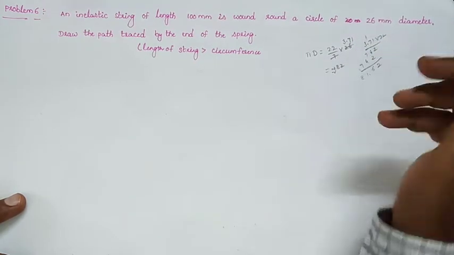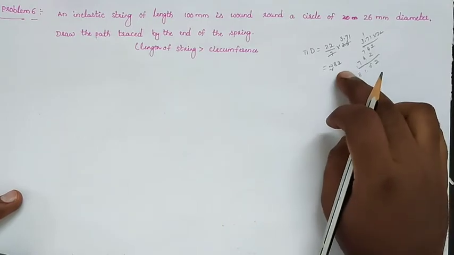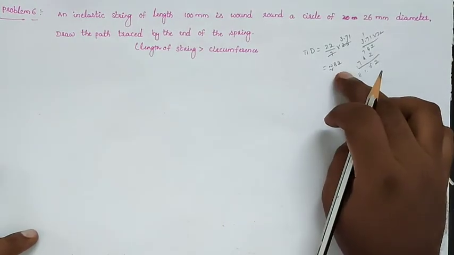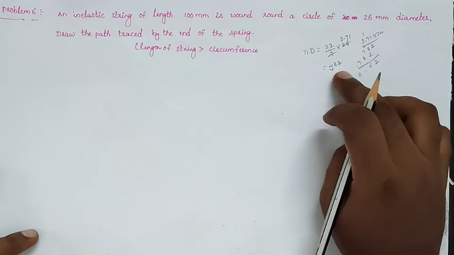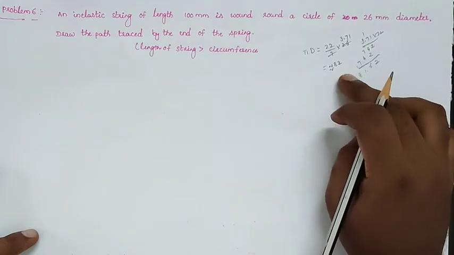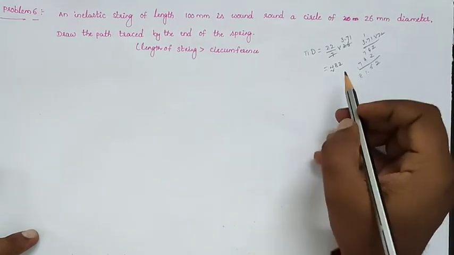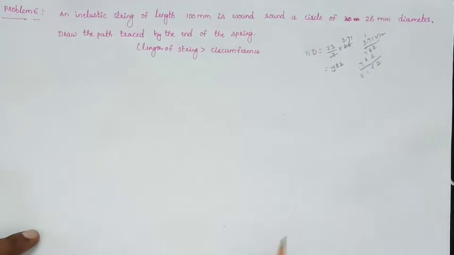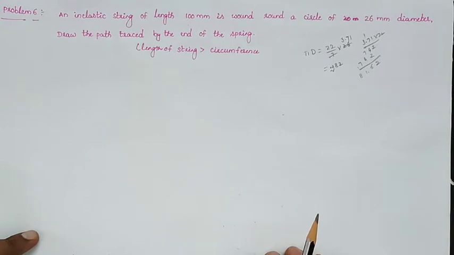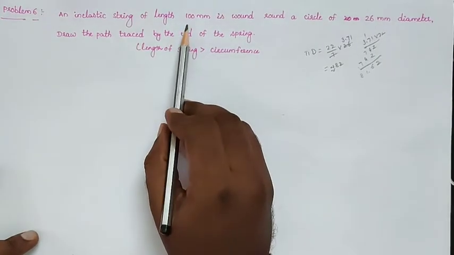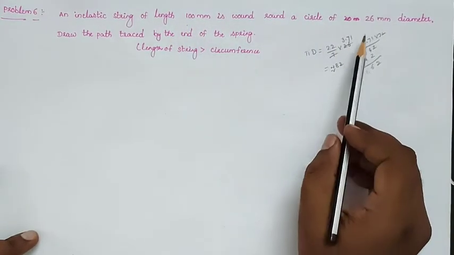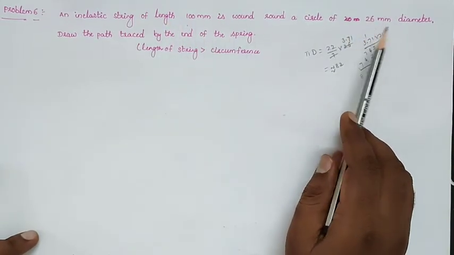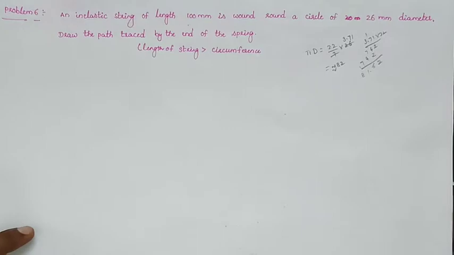So if you observe here, the circumference of the circle is less than the length of the string. So in this case, how will we draw the diagram? The length of the string is greater than the perimeter of the circle. How will we draw the problem? Here we can see.